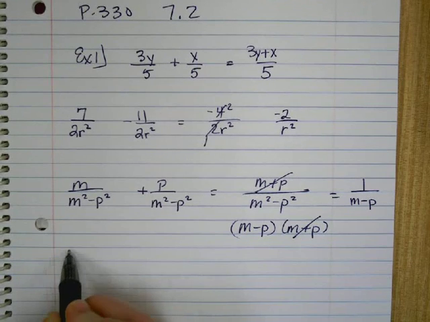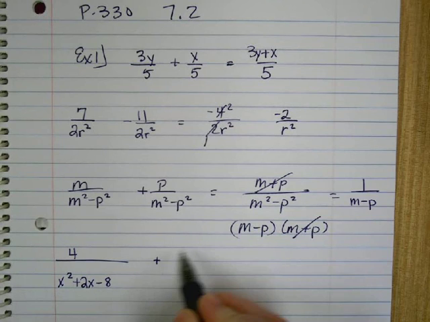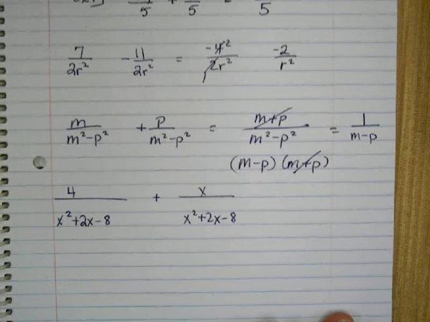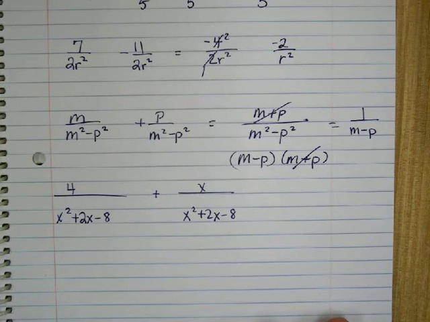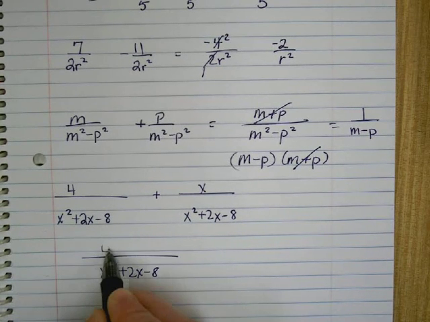Next we have 4 over x squared plus 2x minus 8 plus x over x squared plus 2x minus 8. Do they have a common denominator? And the numerator is 4 plus x.